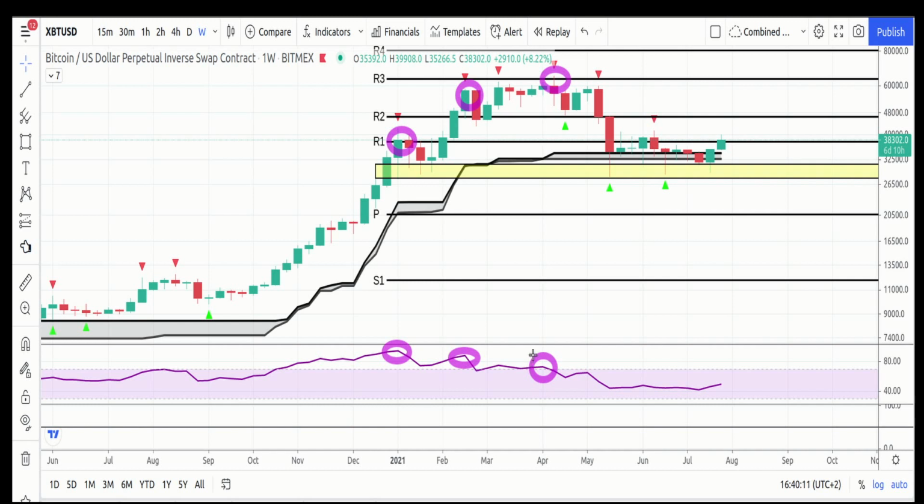So this is a fine example of how to combine on the highest time frame a divergence between RSI and what price is telling you.